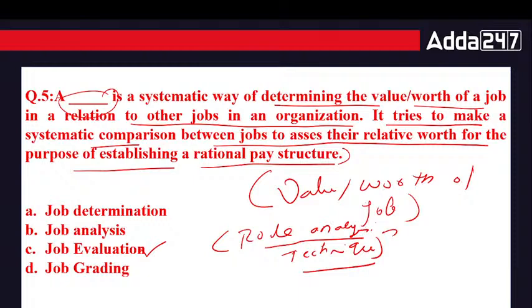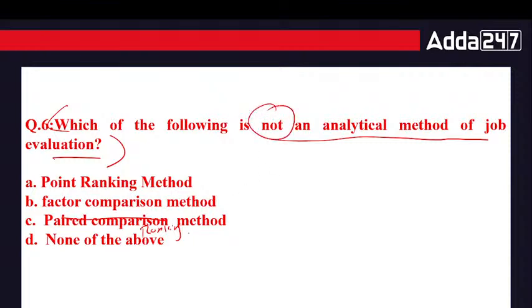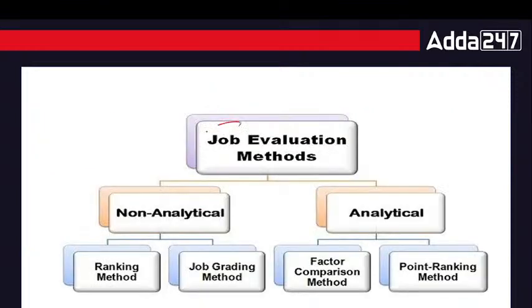Okay, RAT. Now next question is, which of the following is not an analytical method of job evaluation? This is actually the ranking method, not paired comparison. See, in job evaluation we have two categories, non-analytical and analytical.